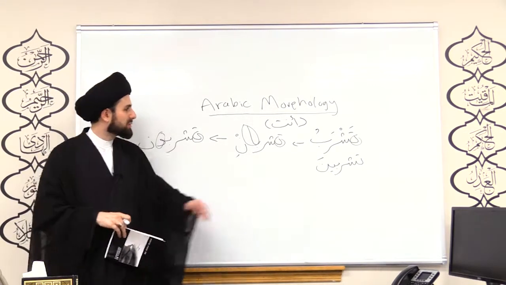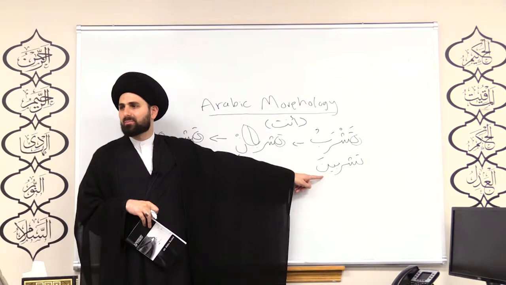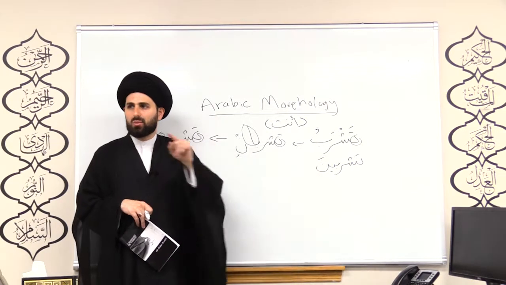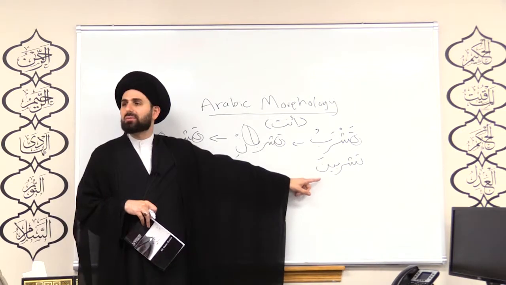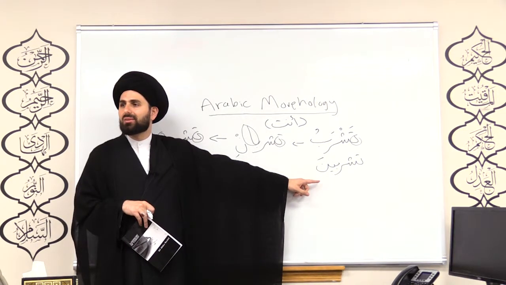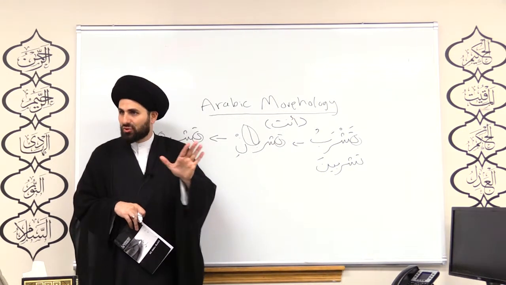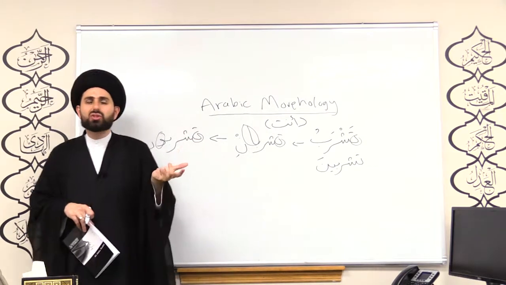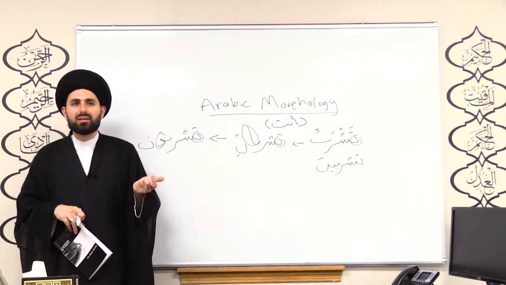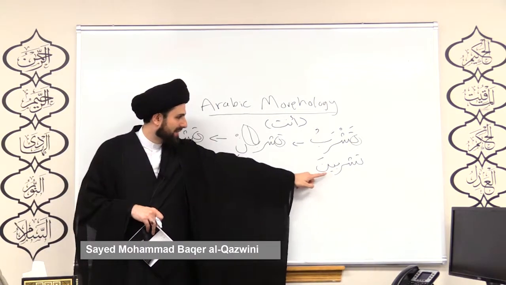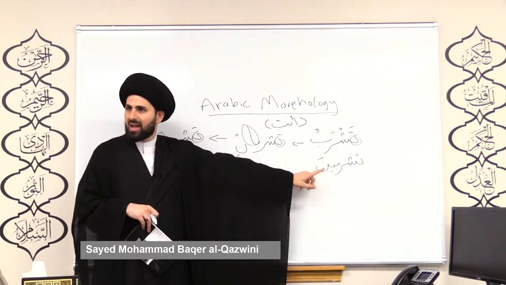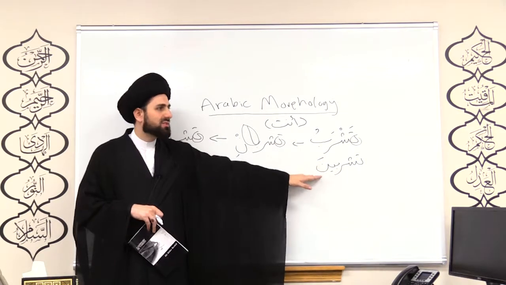So what are 4 things we know about this? Feminine. Second person. What's the sign that this is second person? The ta. That's your sign. What else do we know about this? The second thing, feminine. What's the sign that it's feminine? The ya and the noon here. The ya is your sign that it's feminine.